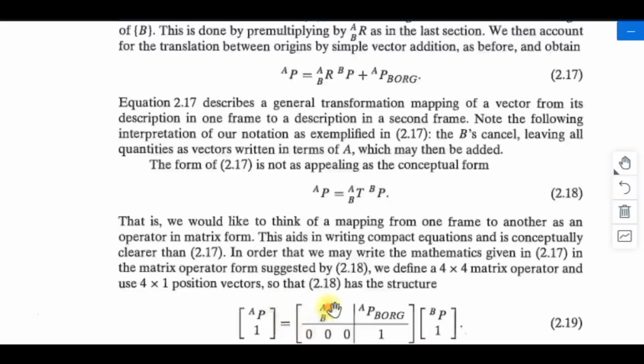So here the number of rows is 3, the columns are 3 and its column is 1. So 3 plus 1. Now the other column is 1, so it is 4, and the other row here, so 3 plus 1 becomes 4. So it is a 4 cross 4 matrix.